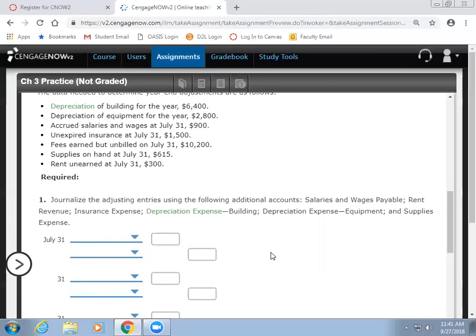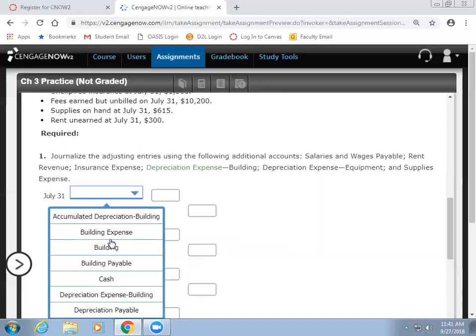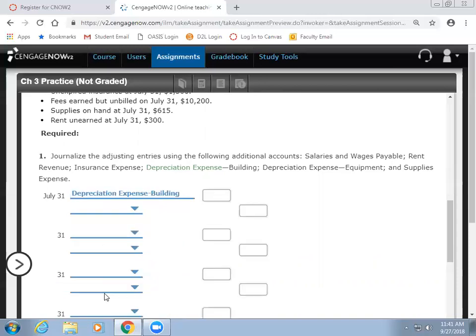Well, the first 2 are pretty straightforward. They're depreciation. It says we have depreciation of building for the year. What do I debit and credit for that depreciation on the building? Very good. And we want to make sure and choose building. The first one's building, so make sure you choose depreciation expense on the building.